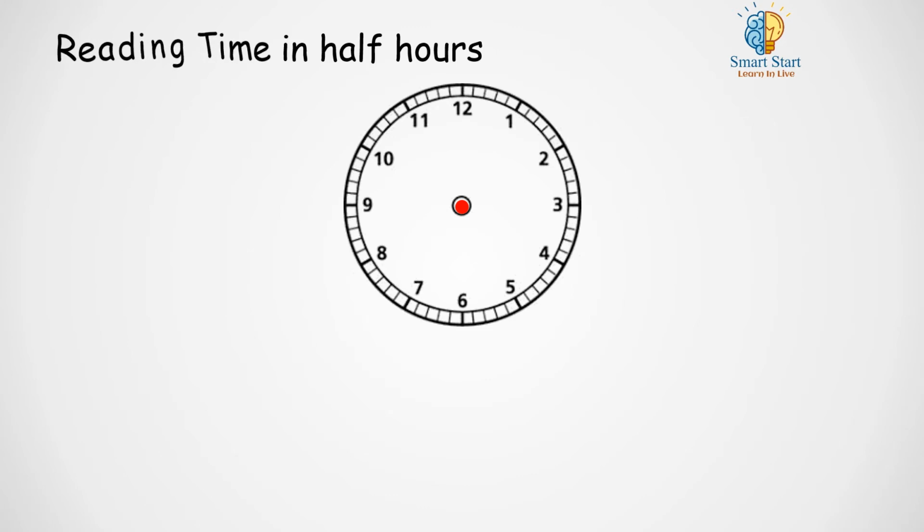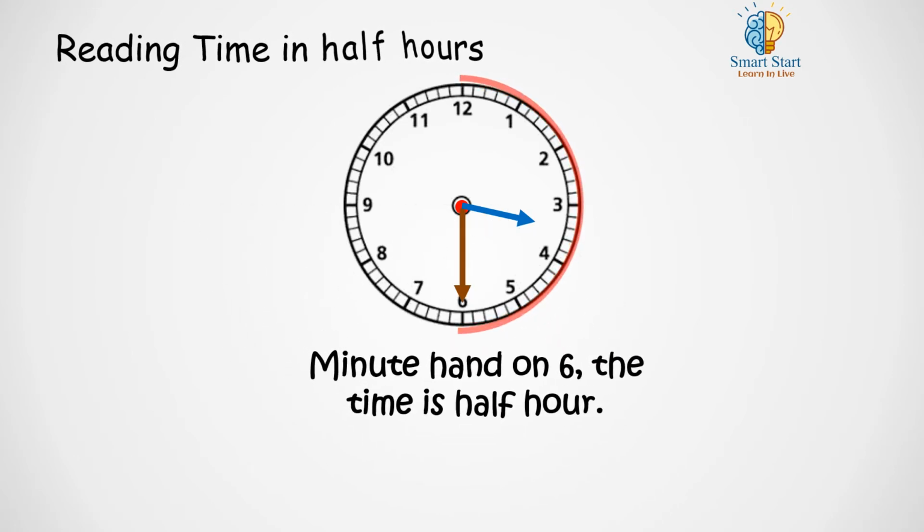When the hour hand is on 3 and the minute hand is at 6, between 12 and 6, there are 30 divisions. This means 30 minutes are completed after 3.